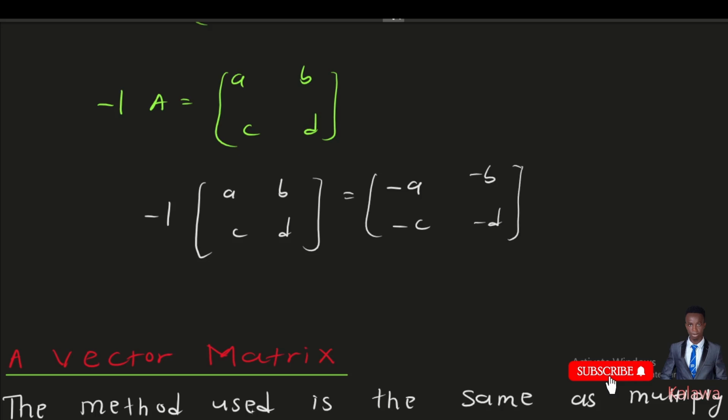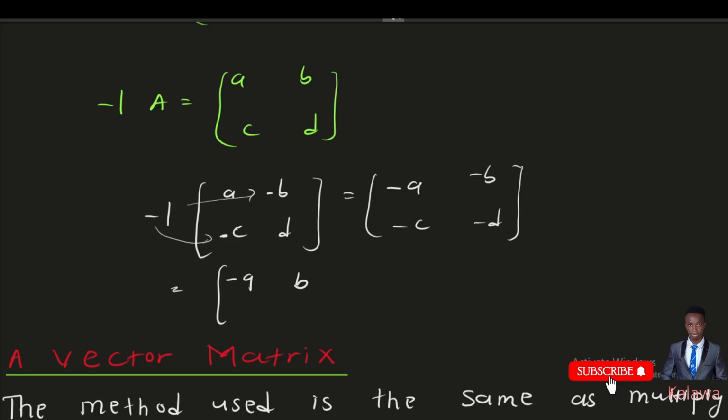Right? So now let's say again, there's another sign here on the B and also a sign on C. Remember that minus times minus is plus. So this is going to be now minus A. Minus times minus is plus, so this obviously is going to be plus B, and then minus times minus again.